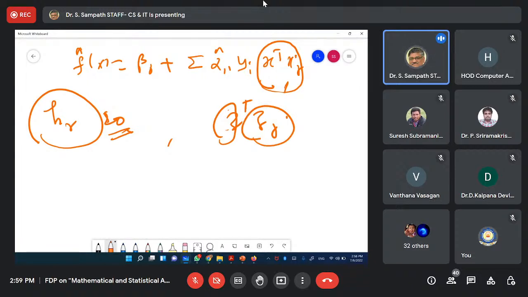We don't do anything. We simply borrow the idea of kernels. So here only kernels start entering the picture.